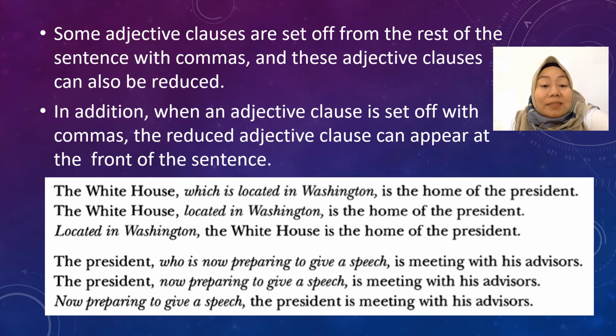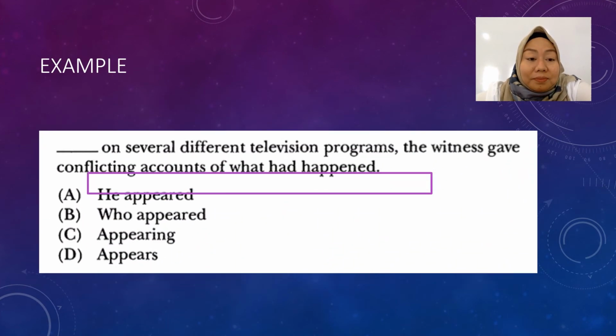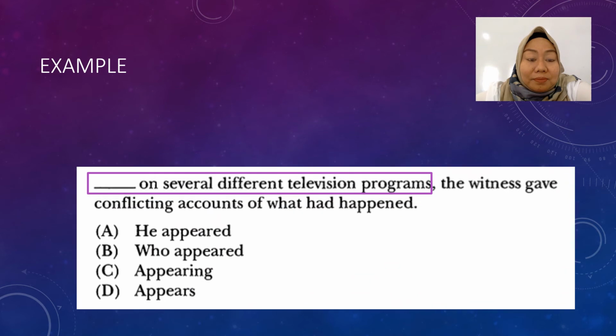All right, let's take a look at the actual example of a TOEFL test for this skill. Okay, we have this sentence. Blah, blah, blah. On several different television programs, the witness gave conflicting accounts on what had happened.